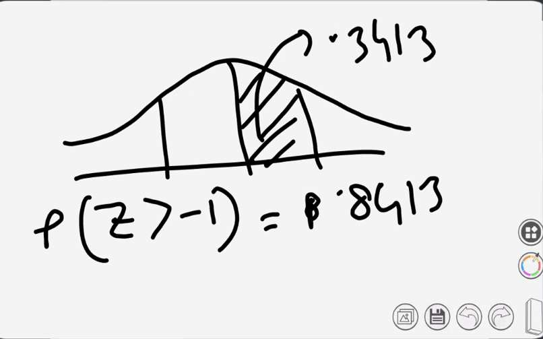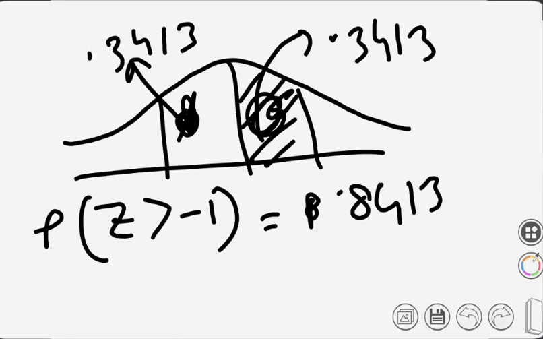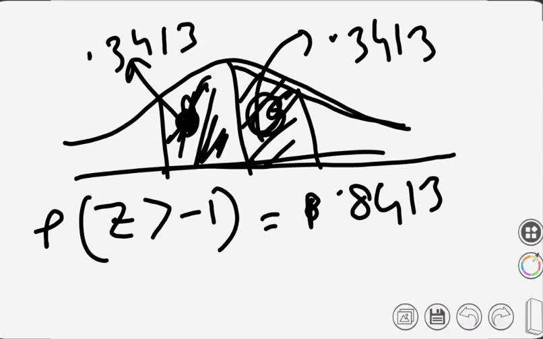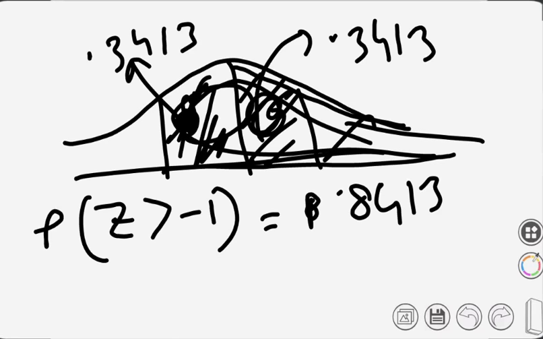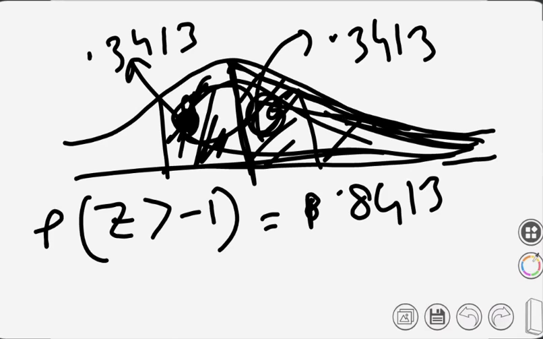So if this area is 0.3413, this area will also be 0.3413, because it is symmetric. But our objective is to find this whole area. Half this side is 0.5, then we add 0.3413. So that gives you 0.8413.